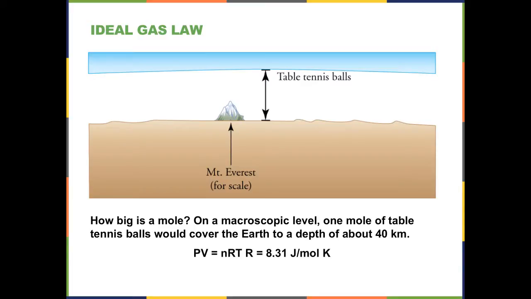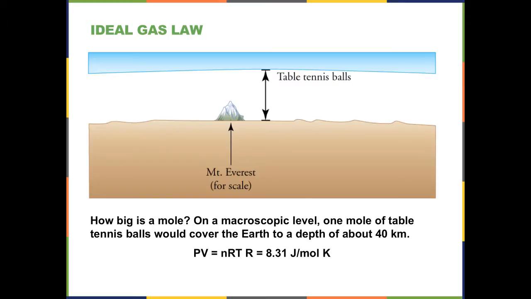So if we change our formula and change n from the number of molecules to the number of moles of molecules, then the formula looks like something we've seen before, which is pressure times volume is equal to the number of moles times the constant R times T.